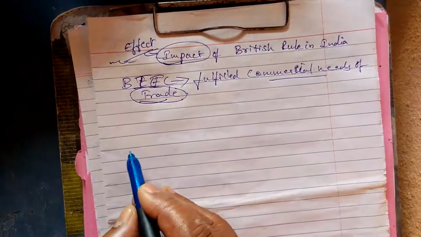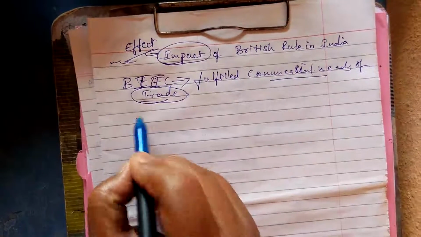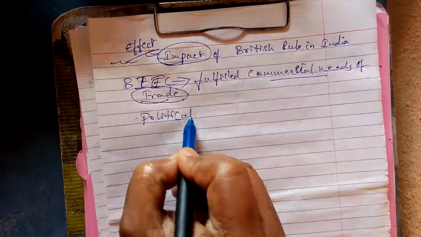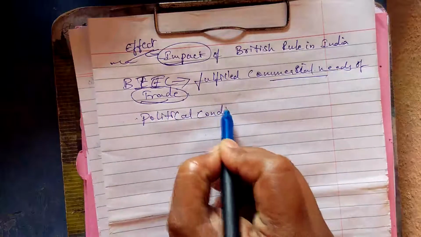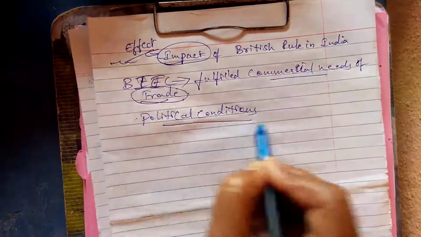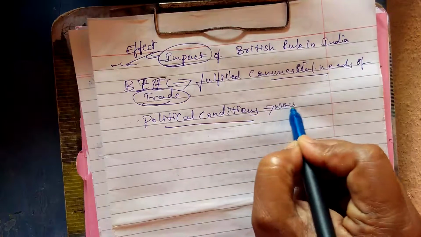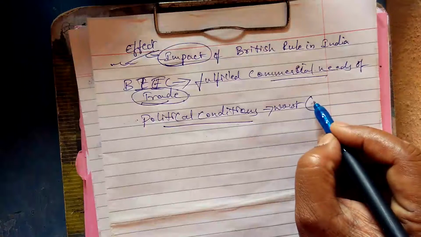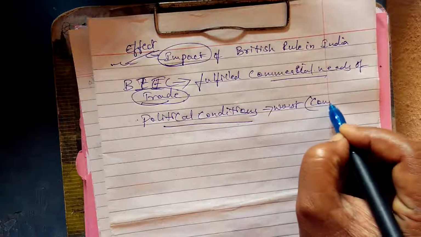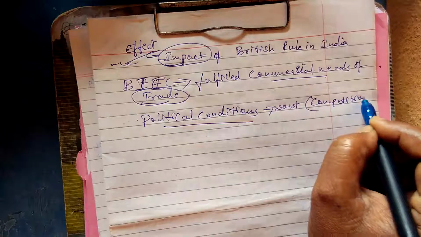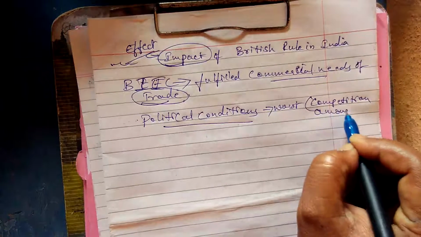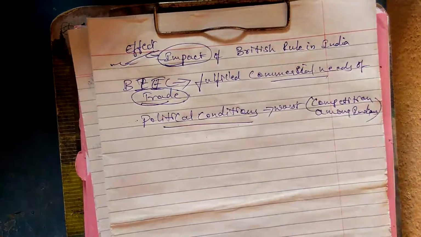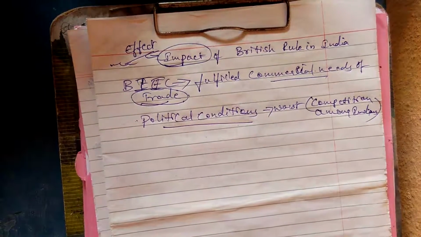And later what we see on observing is that there was a weakness in India, and that was the fracture of the political conditions. Indian political conditions were worst. Why? Because there was a competition among Indians. They fought among themselves for the establishment of dynasties.